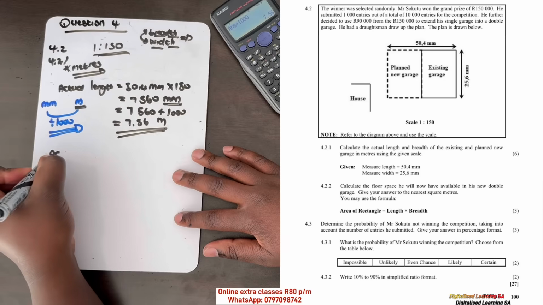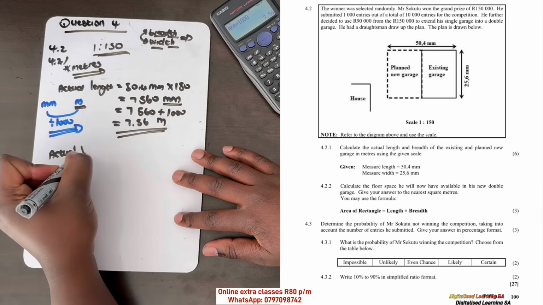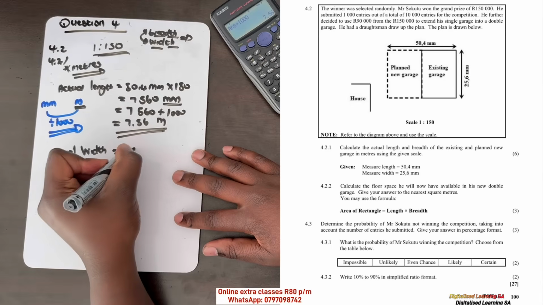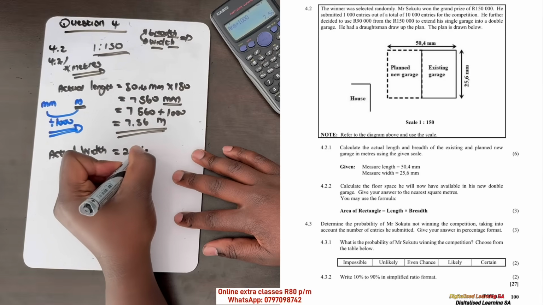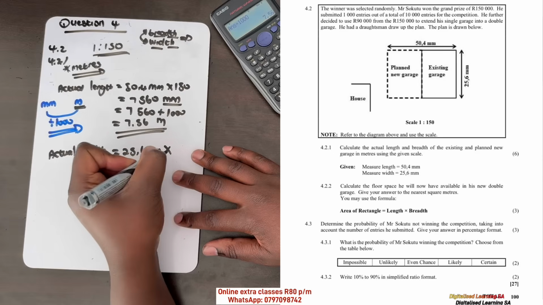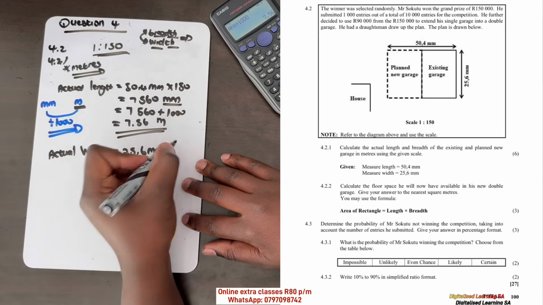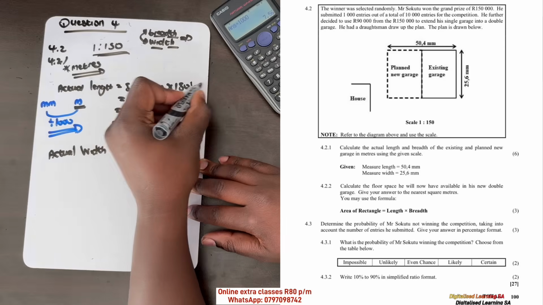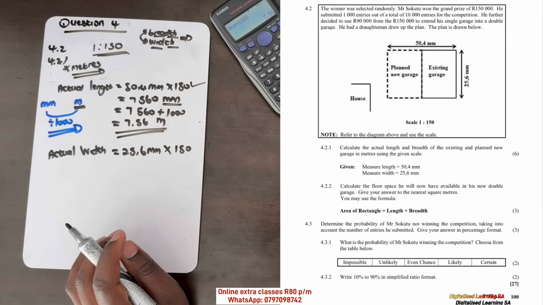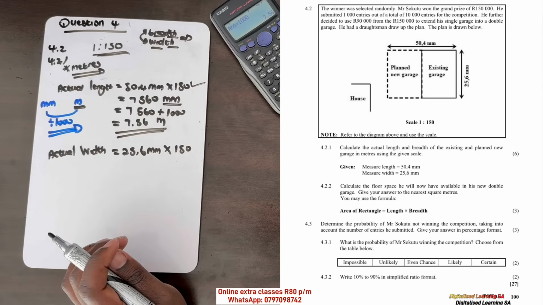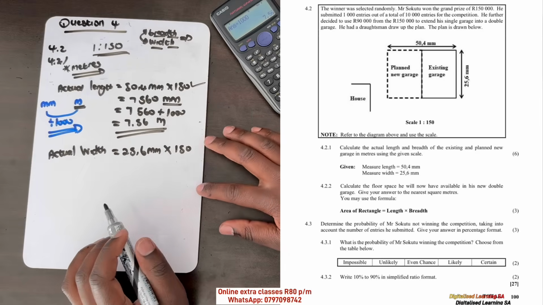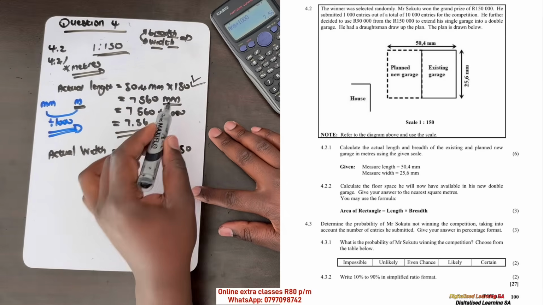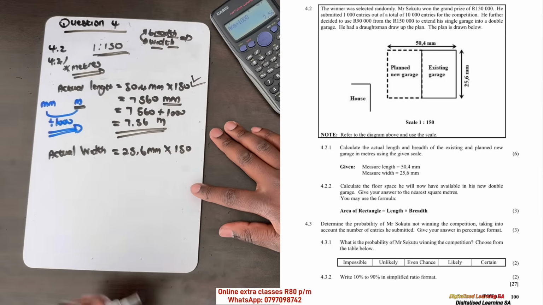And then we do the same for our width. To get our actual width, we say 25.6 millimeters multiplied by 150. We have already explained why we multiply by 150 up here. If you don't understand why we multiply by 150, you can just rewind to here, and then you will hear how I explained it.